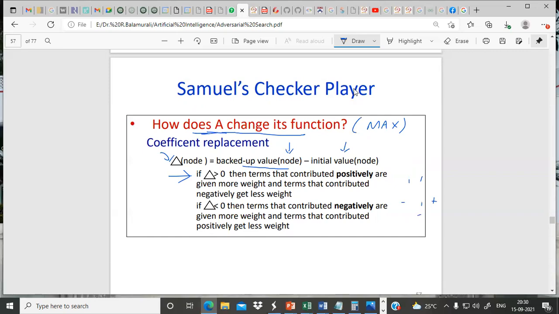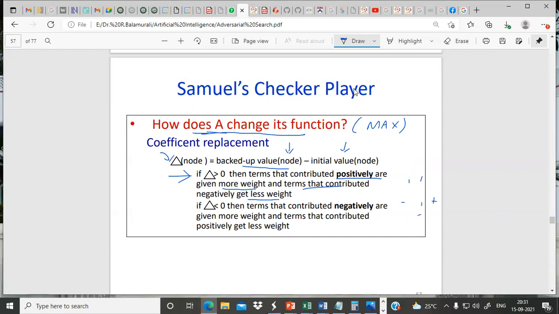then the terms that contributed positively are given more weights. There are some terms which contributed positively, their weights will be added to, and the terms that contributed negatively will get less weight.